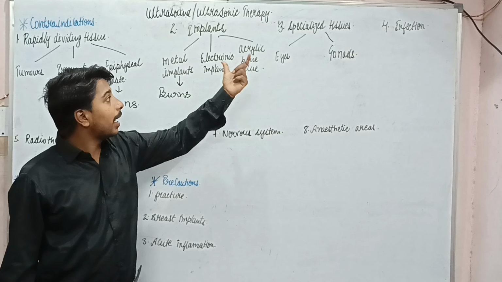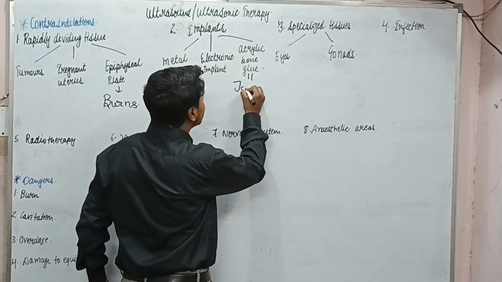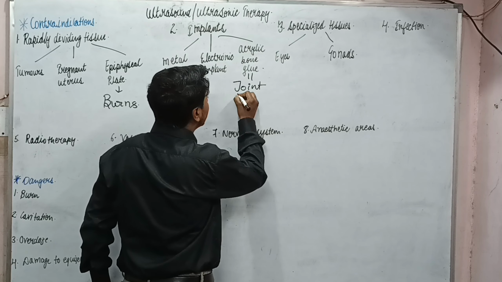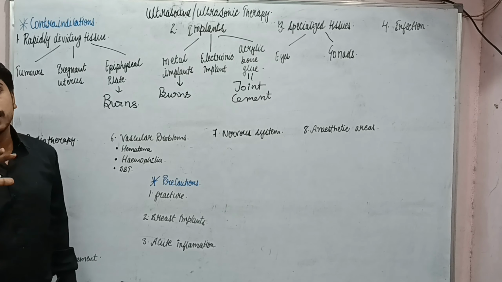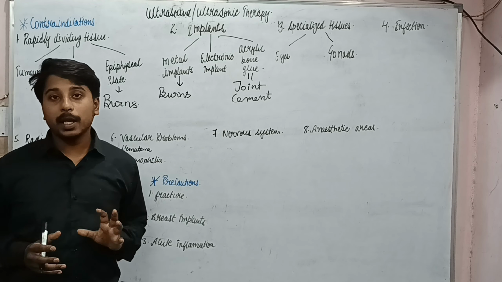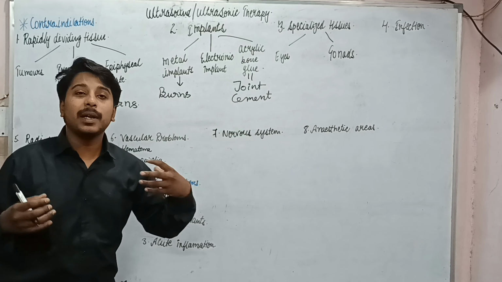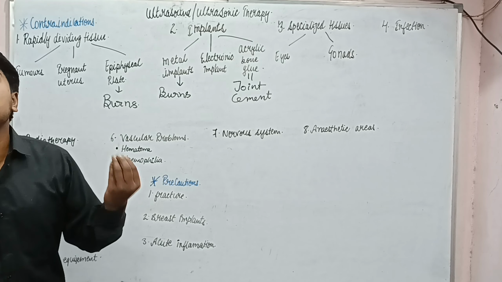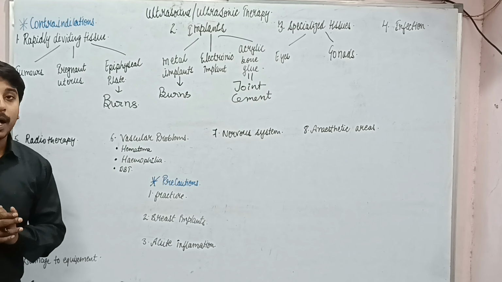Next is the acrylic bone glue, also called joint cement. Here also heating reduces its effect. Heating leads to loosening of the joint cements used in prosthetics. So this was about implants.